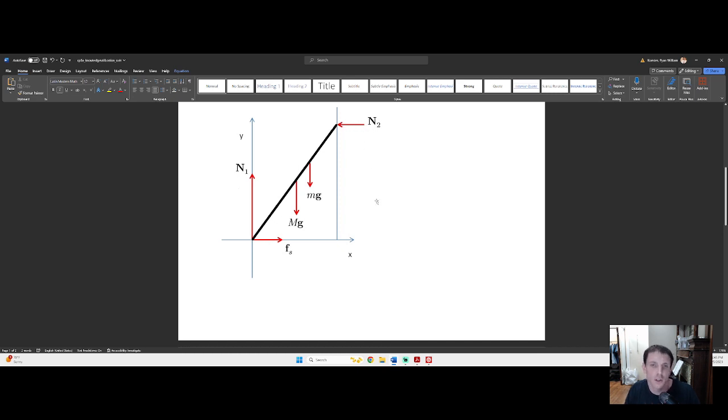If you're not sure which direction the static friction force should point, an easy way to see it is to demand that all the forces in the x direction cancel out. If I had made my static friction force point to the left, I would look at that and know it couldn't work, because the static friction force would then point in the same direction as this normal force, the force the ladder experiences because it's in contact with the wall. Then I wouldn't have static equilibrium.